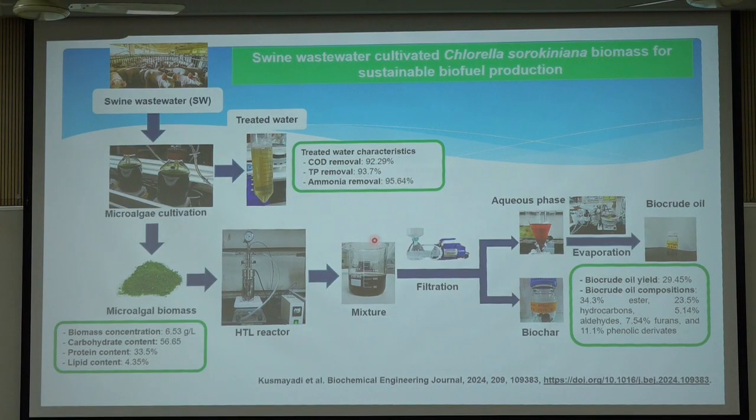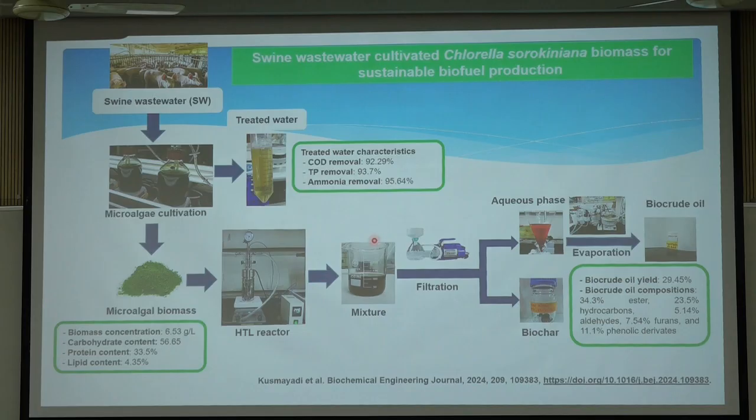So we try to use some wastewater. This study I conducted in Taiwan. We grow the microalgae using the stream wastewater. Then we found that the water can be treated by using the microalgae, and at the same time we can collect the microalgae biomass.